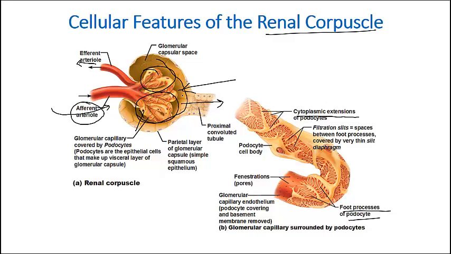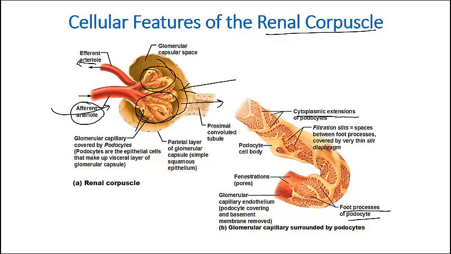Another thing you can see, there are penetrations between these endothelial cells in the capillary, and these penetrations are important. Why? This porous basement membrane encloses the capillary endothelium. Surrounding that basement membrane is this layer of podocytes, right? So they have this leg process or foot process like structures, right?